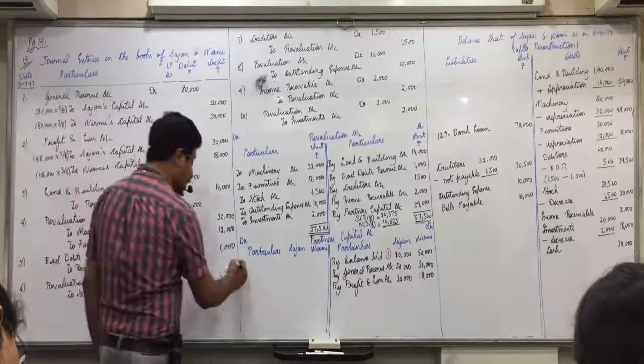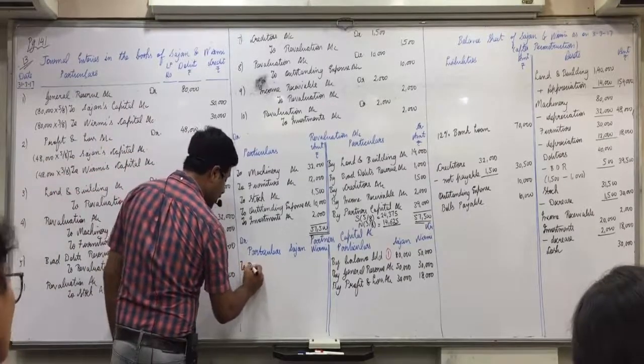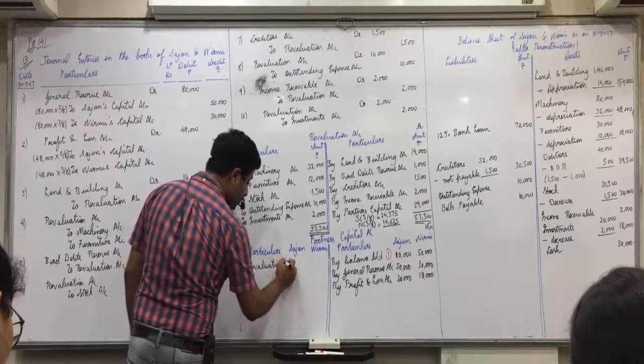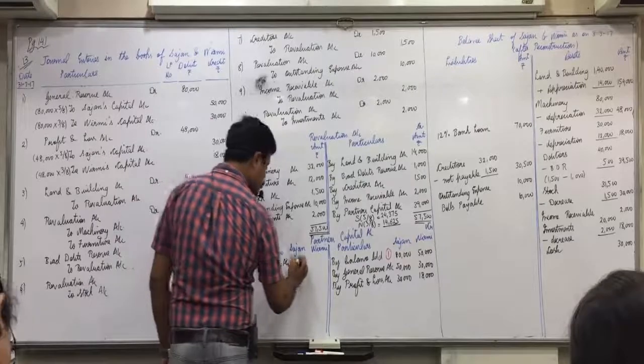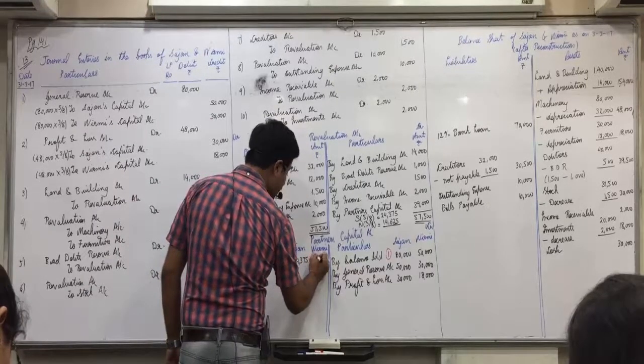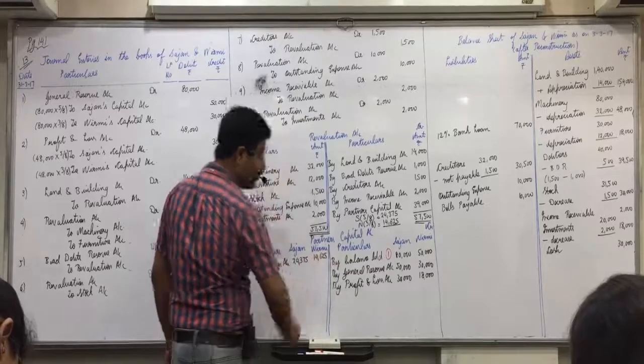Opposite side in partners' capital account to revaluation account: 24,375 and 14,625.